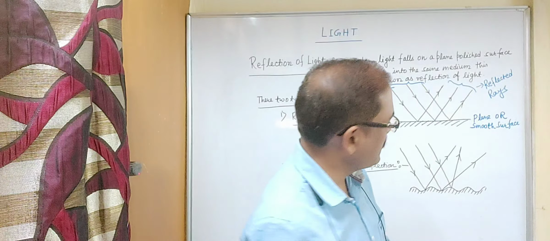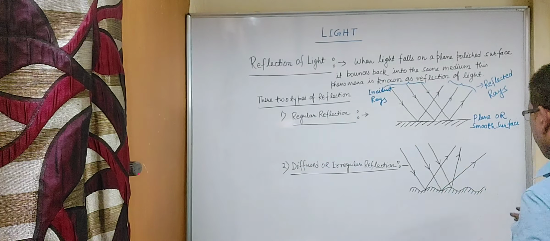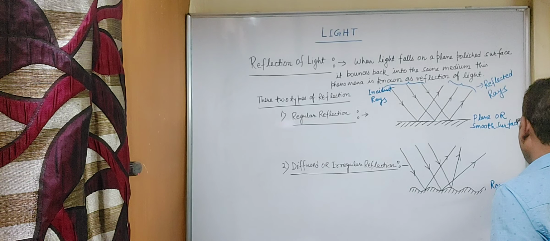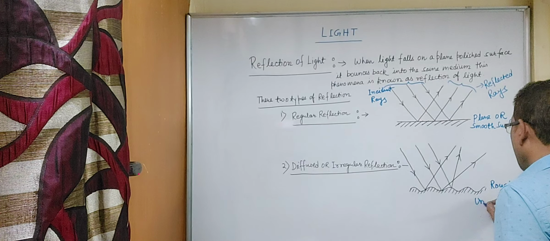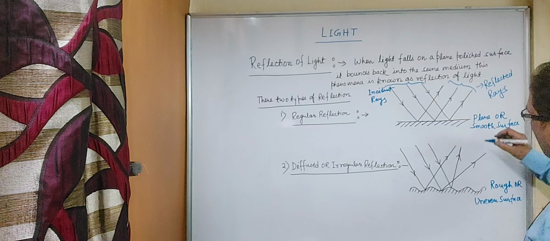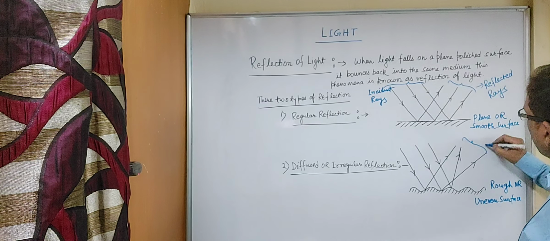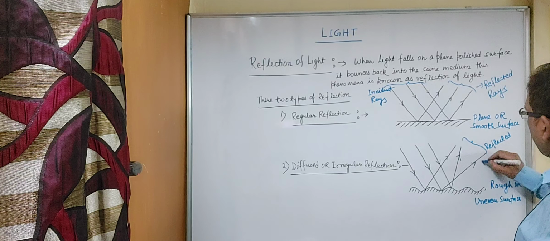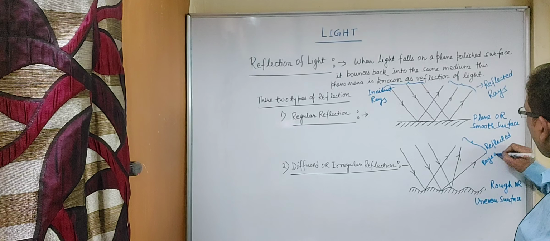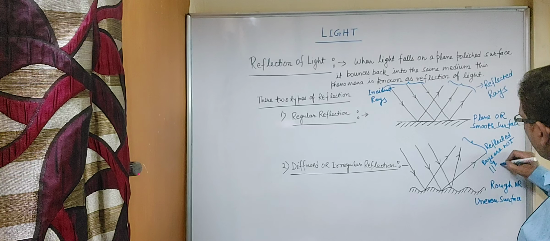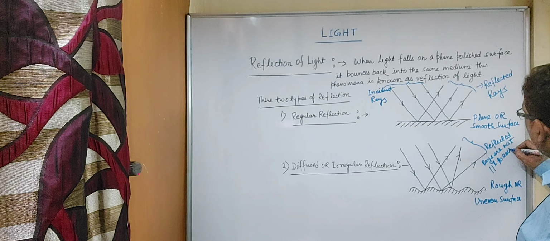So you must remember, a diffuse reflection takes place from a rough or uneven surface, and you see the reflected rays are not parallel to each other.